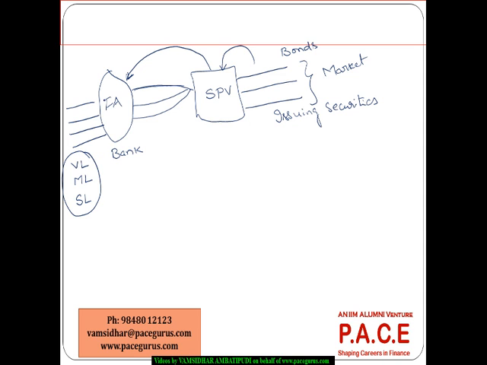So this bank might have given different loans to different participants, which means all the loans will become the assets of this particular bank. In some cases, it might even have given credit cards, so the credit card receivables could be another asset of the bank.